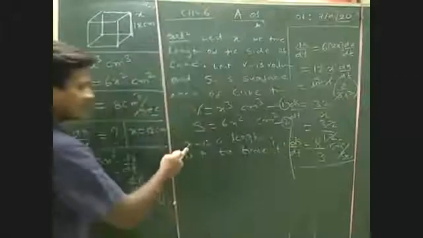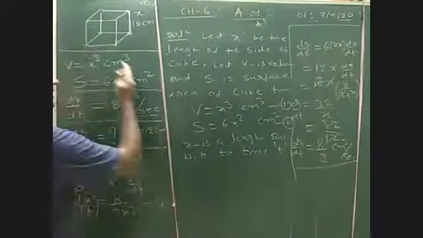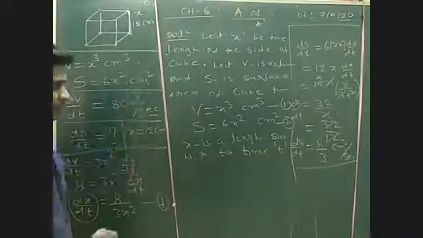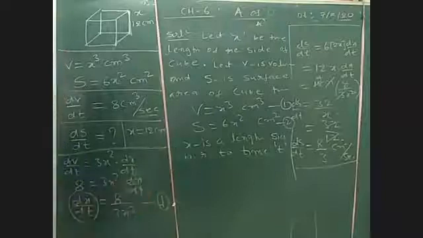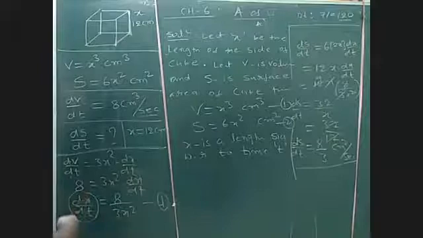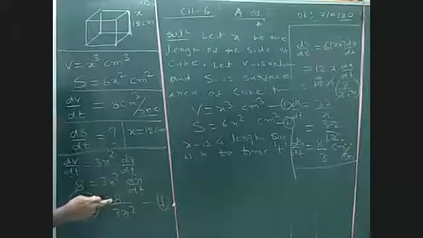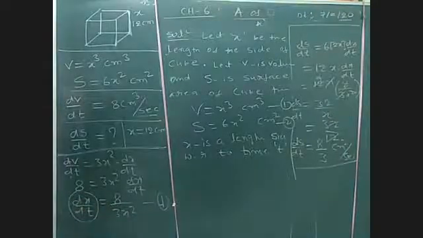So x is the length of the side with respect to t. When time is changing, the rate of change of length also will be changing. We already found the rate of change of side with respect to time is 8 by 3x square.